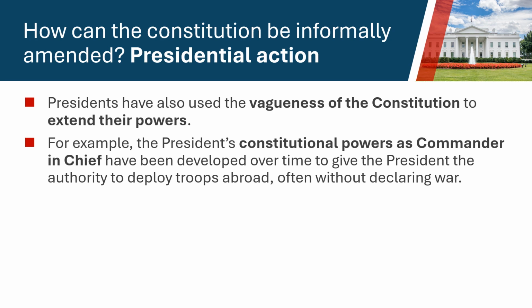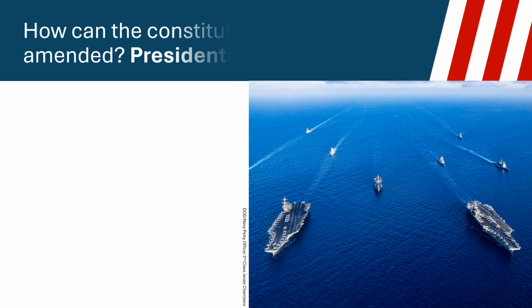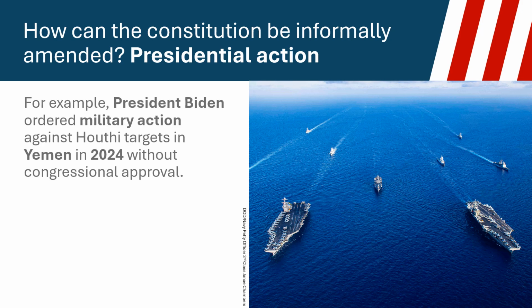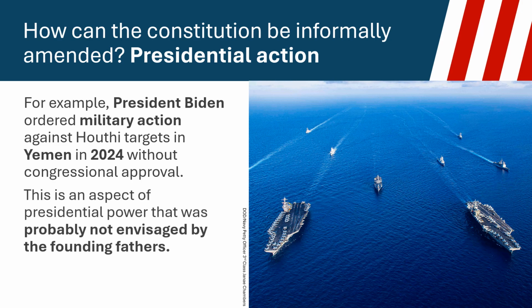These have developed over time from purely commanding the army in battle to give the president the authority to deploy troops abroad, often without formally declaring war. For example, President Biden ordered military action against Houthi targets in Yemen in 2024 without congressional approval. This is an aspect of presidential power that was probably not envisaged by the Founding Fathers.